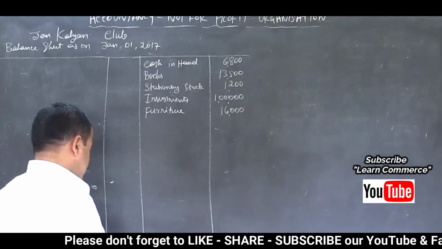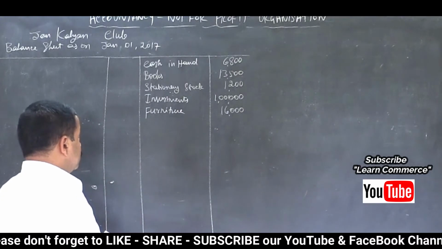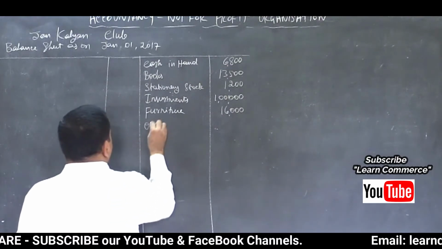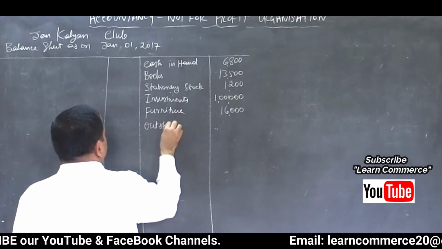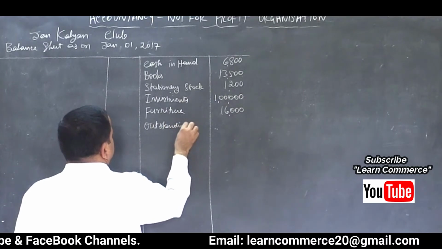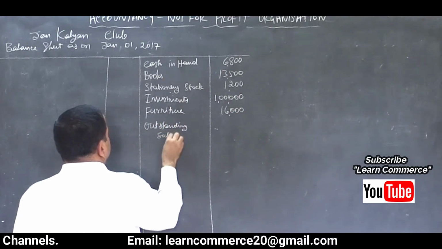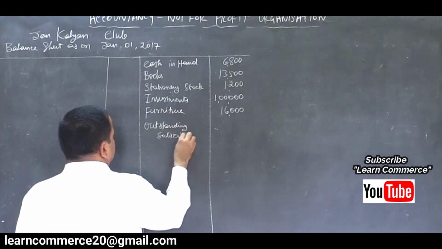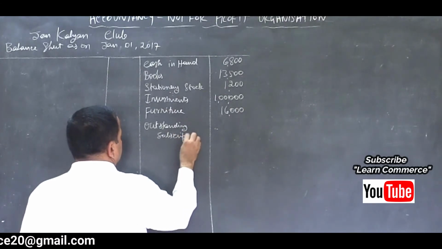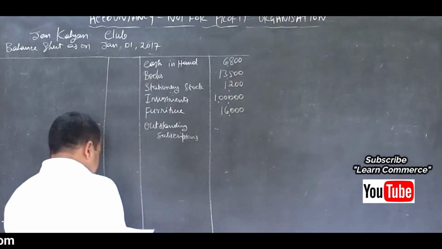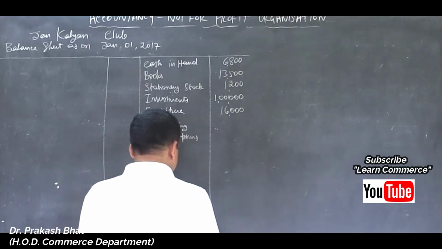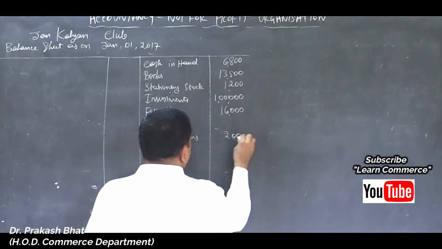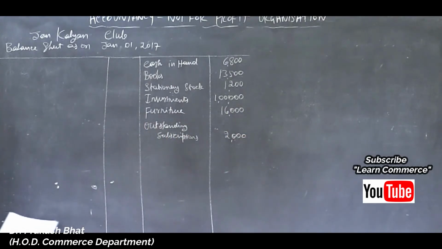Then one more item, outstanding subscriptions. Outstanding subscriptions how much? 2,000. Right? Yes.